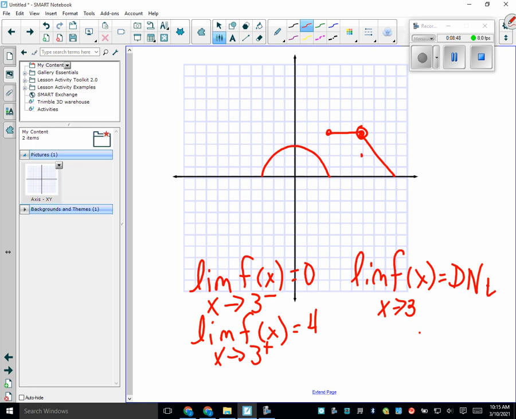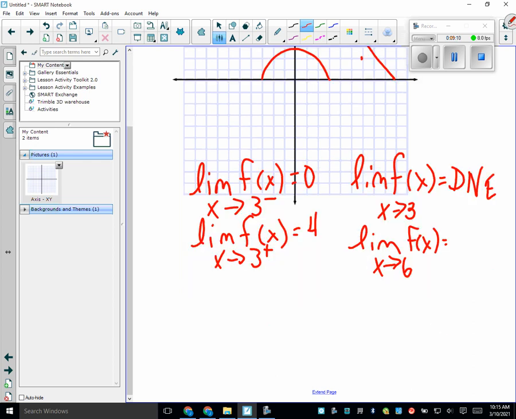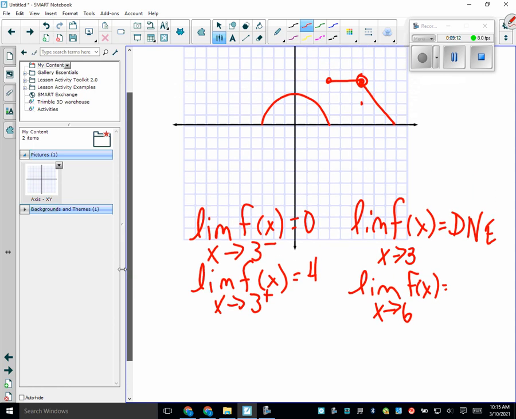You remember D and E? What is the limit as x approaches 6? It's an open circle, right? It's an open circle, but that's still where the limit is.